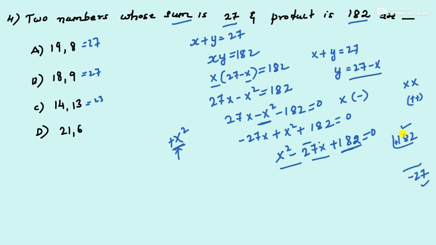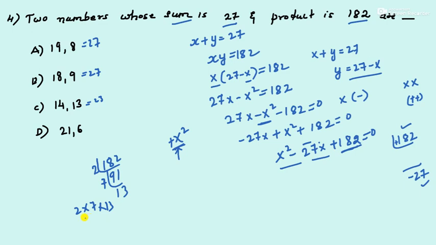See, this is a big number, 182, so you can simplify it. Write the factors of 182. So 2 ones are 2, 2 nines are 18, and this is 7, 7 ones are 7, 7 thirteens are 91. Now this cannot be done further. Now you have to multiply 2 into 7 into 13.